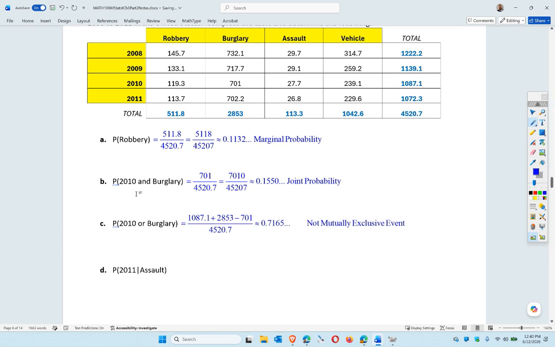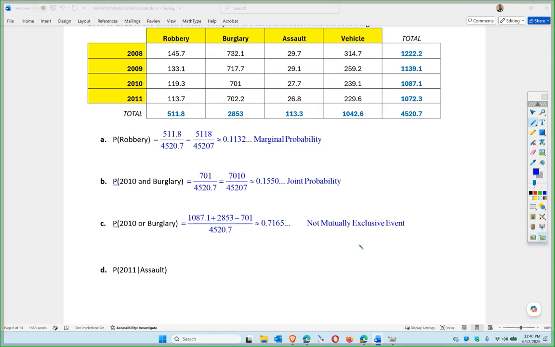Okay, so let's do a conditional now. So if you remember the trick to this, you can do it in a couple parts, right? So if we do 2011 given assault, it's both, right? So it's the probability of 2011 and assault, over the probability of assault, right?